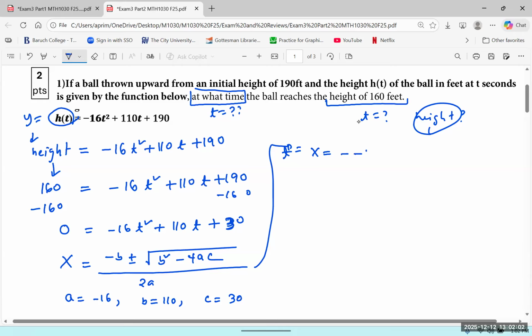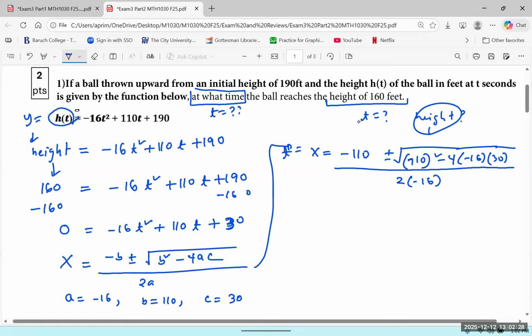So negative b, which is negative 110, plus or minus the square root of 110 squared minus 4 times negative 16 times 30. That's why you're allowed to use a calculator. Divided by 2 times negative 16. So you get negative 110 plus something over negative 32, or negative 110 minus something over negative 32.